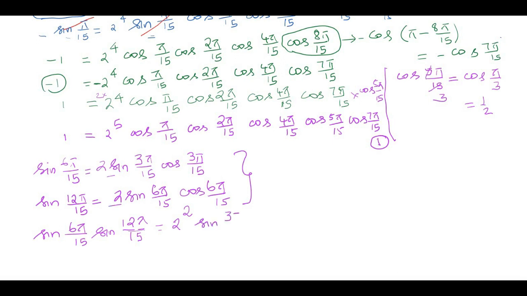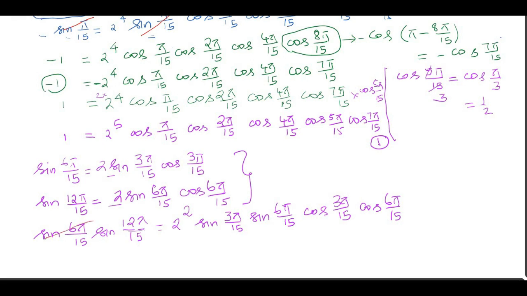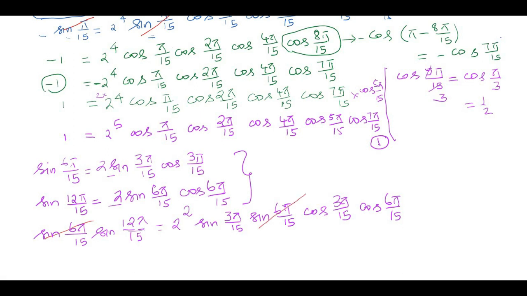Sine 3 pi by 15, sine 6 pi by 15, cos 3 pi by 15, cos 6 pi by 15. Now you can look for cancellations. Sine 6 pi by 15 on the left, sine 6 pi by 15 on the right. Is it okay? Yes.